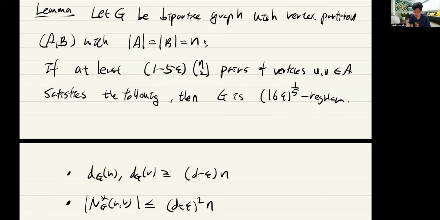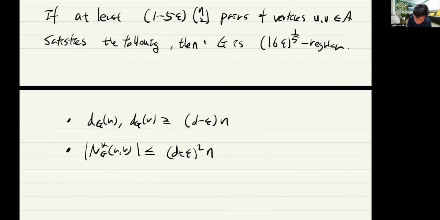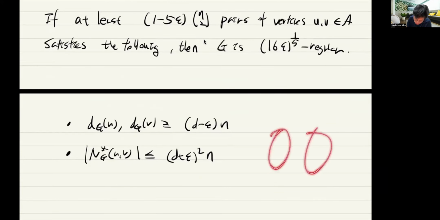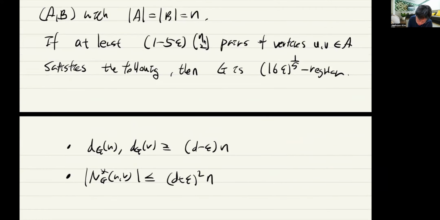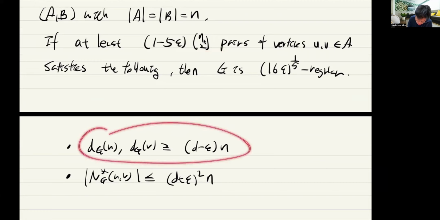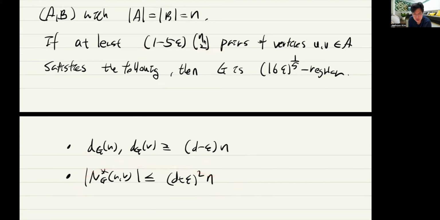Okay, let me repeat. What we know is that if you have an epsilon regular partition, then you can check that at least this many pairs satisfy these two conditions. On the other hand, if this is satisfied for this many pairs of vertices, then you can check that your bipartite graph is 16 times epsilon to the 1 over 5 regular.